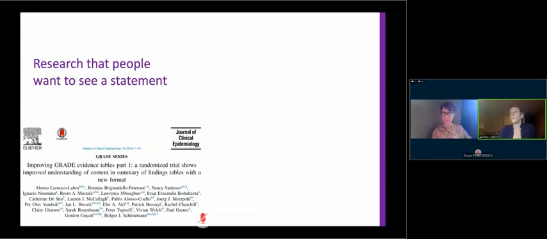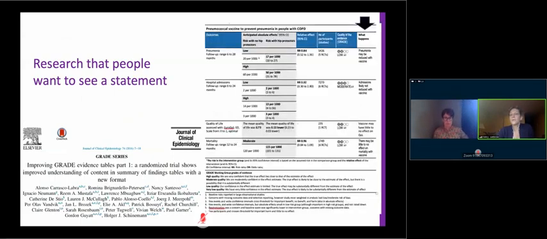What we did do is a little bit of research to see whether these tables are useful and have been used. And it's been studied many, many times. But recently, when we did one of the randomized controlled trials on these tables, what we found was that not only do people like to see that summary of findings, they also want to see, you can see it in that very last column, a summary statement describing what happens.